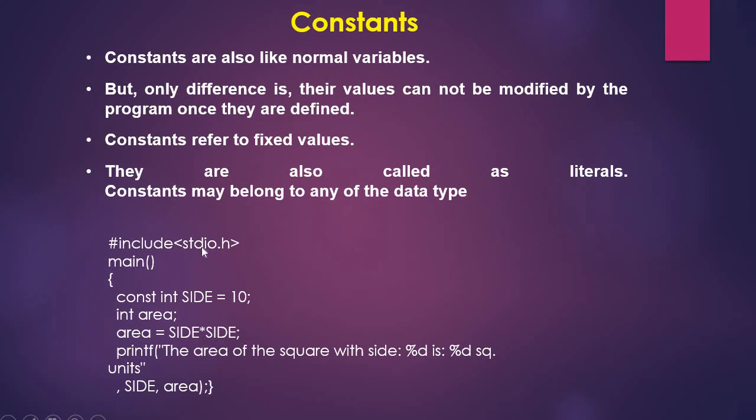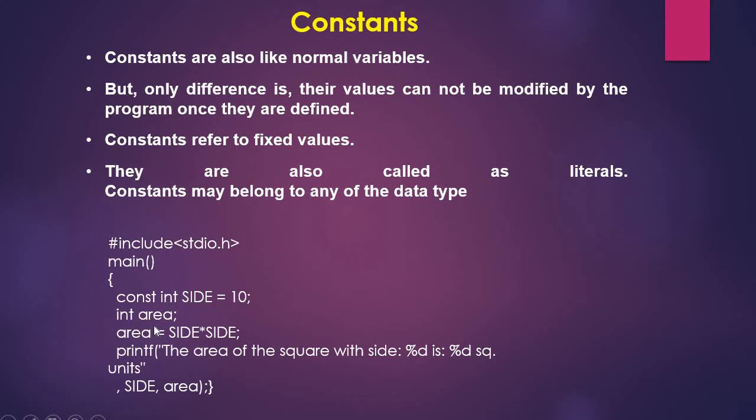See here, I have given some examples. Inside main, const means that side is a constant variable of data type int that is assigned a value of 10. Int area is a normal variable. This is a variable and this is a constant variable. Area is equal to side into side. This variable can have different values, whereas the int side cannot.